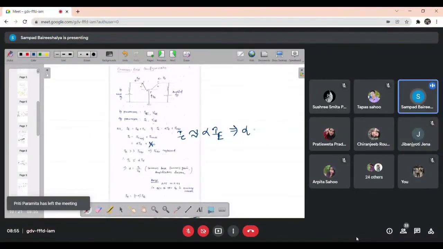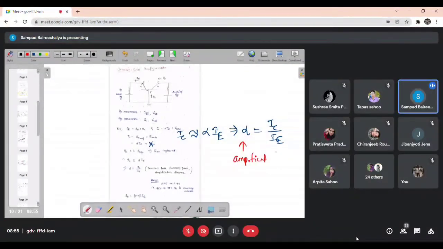If I take alpha to one side, alpha is nothing but IC upon IE. Yes or no? And remember, this alpha is called the amplification factor, or you can say current amplification gain, whatever you want to call it. It is simply a current gain, because it is output current divided by input current: the output has the collector current and the input has the emitter current.